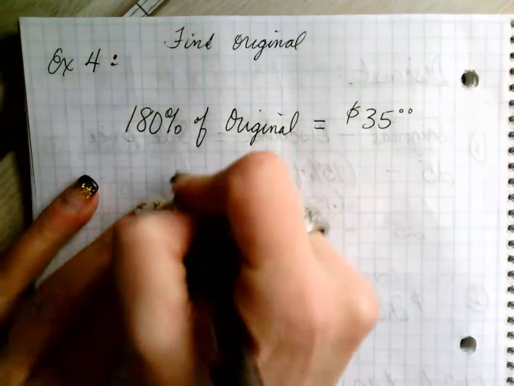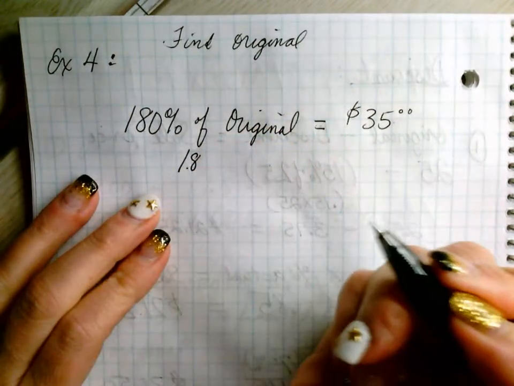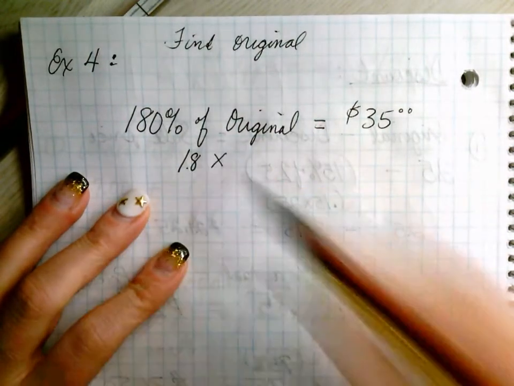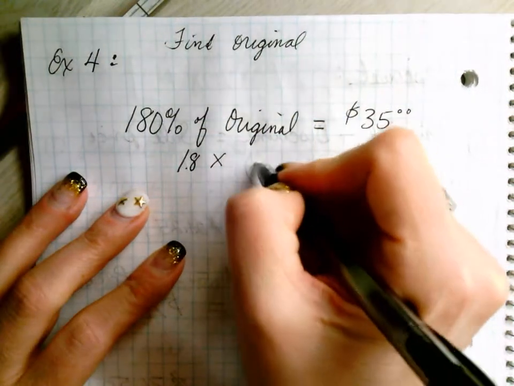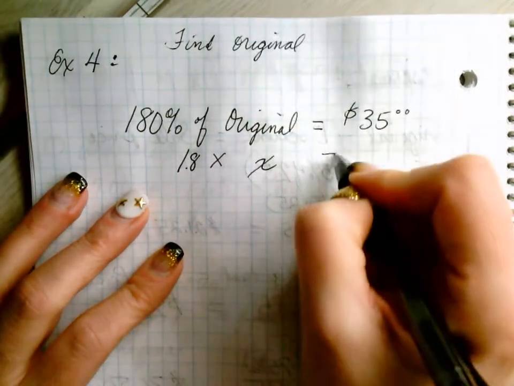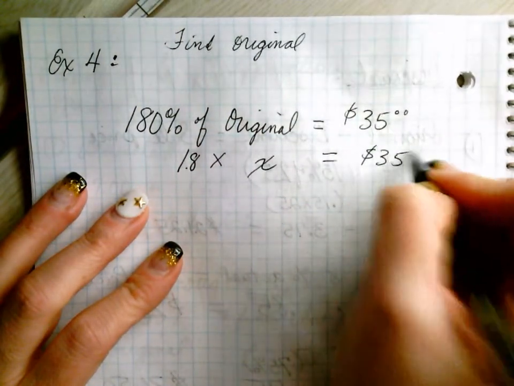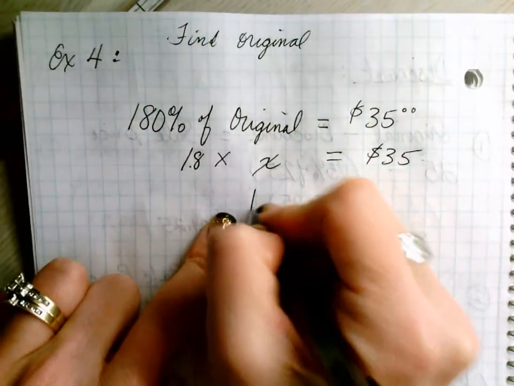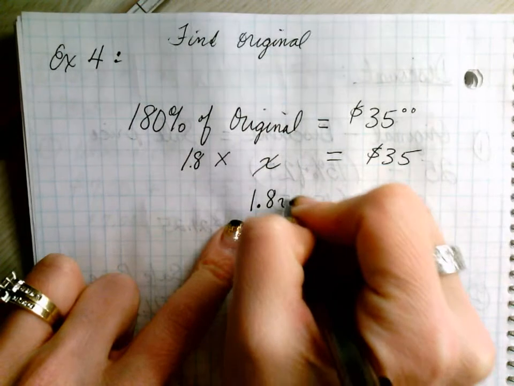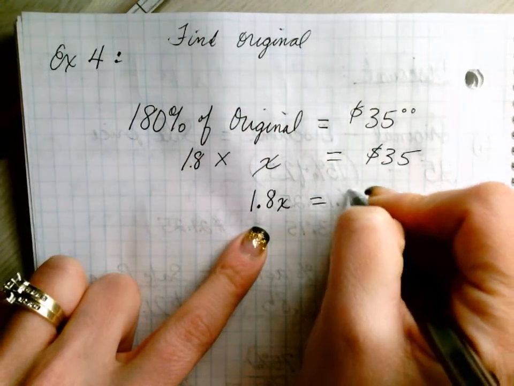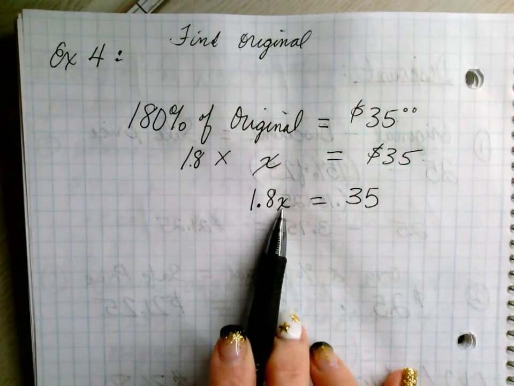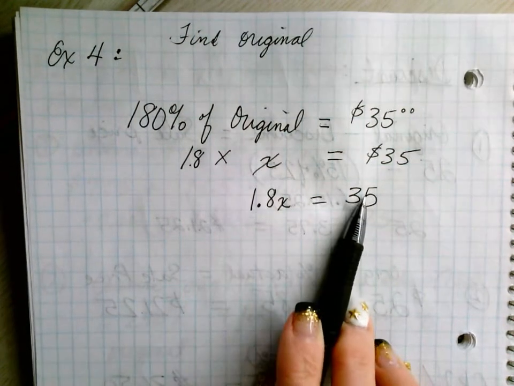In order to solve, you need to convert your percent to decimal, and of means multiply. We don't know what original is, and you end up with $35. Written algebraically, you would write 1.8x equals $35. So factors multiplied together give us a product.